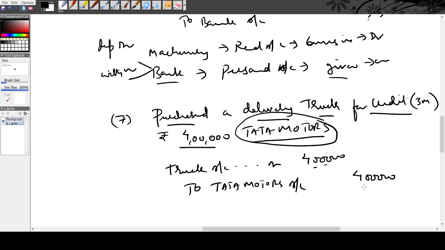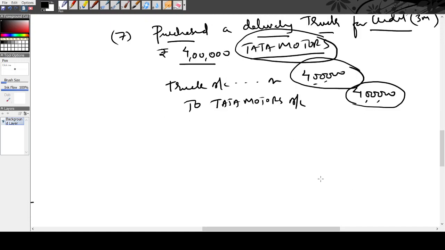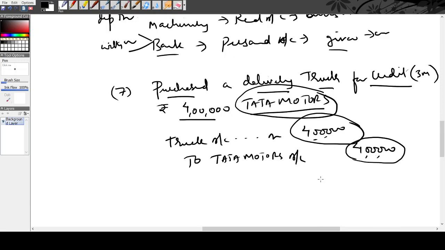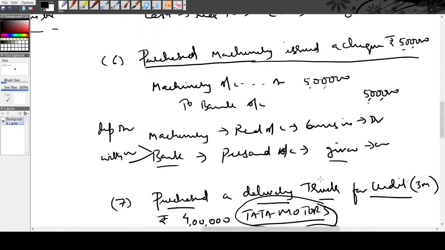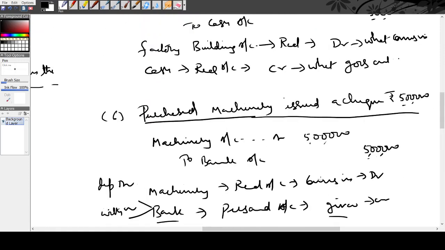By recording the journal entry, we are recording that there is an asset which has come to the business worth 4 lakh, and we are also recording that the business owes money worth 4 lakh rupees to the vendor who supplied us the truck. Okay, so we'll learn few more journal entries in our next lecture. Thank you.